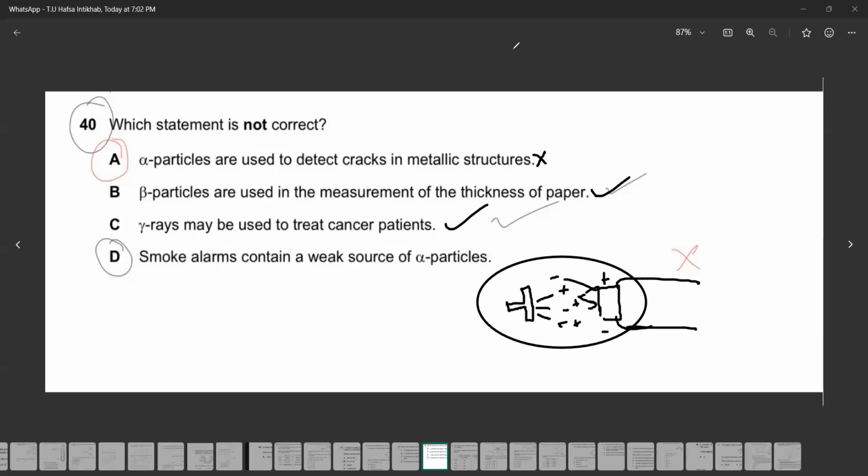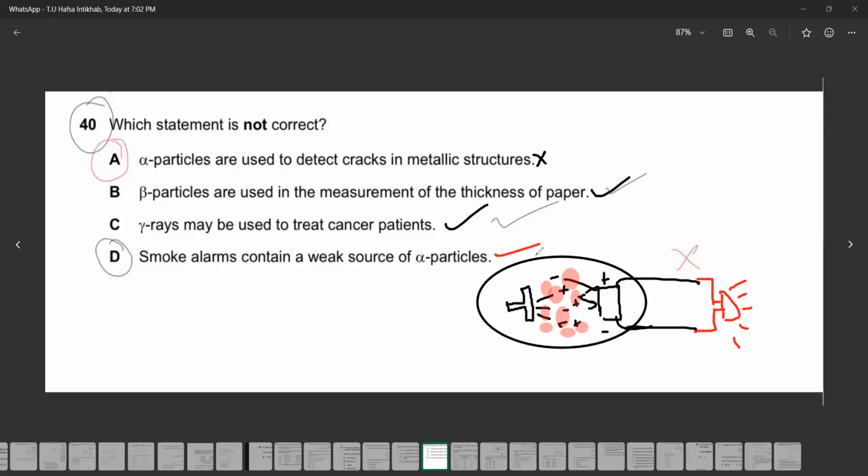But in case of fire, the smoke particles block the alpha, which cannot pass through a paper, so how can it pass through the smoke particles? So the ionization decreases. As it is not able to ionize, the electrode does not pick any signal. As a result, the connected bell will ring.